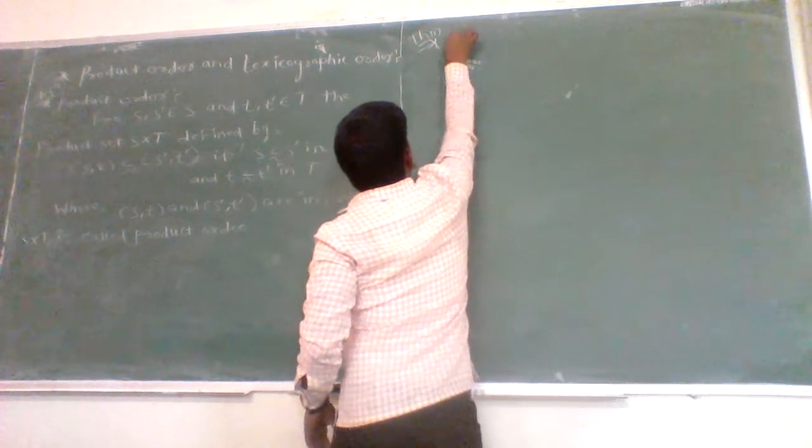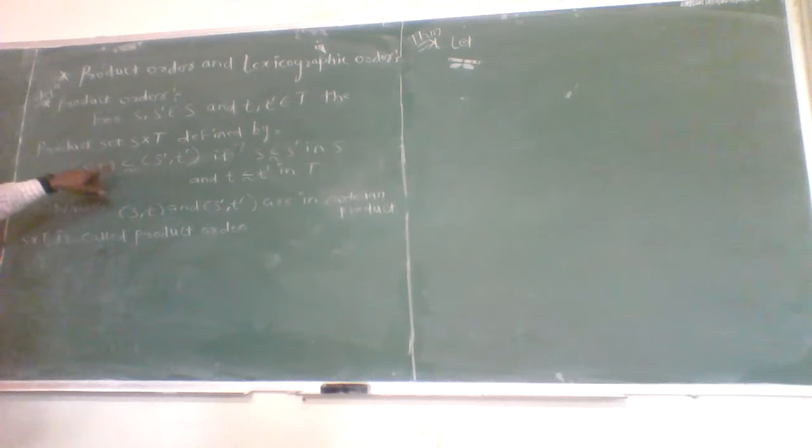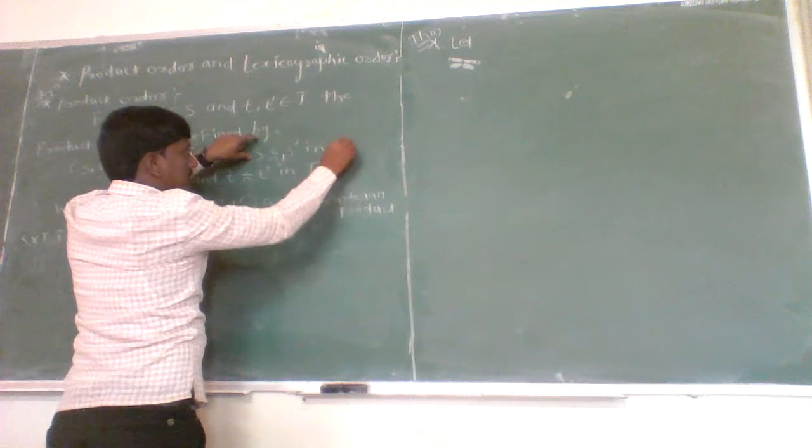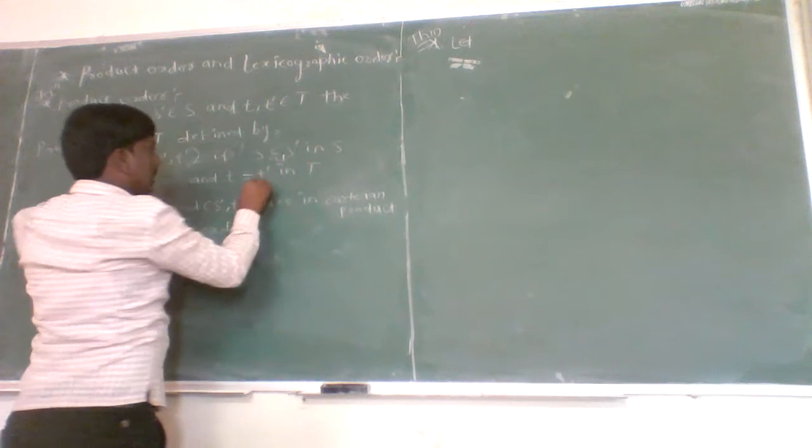Let us take one theorem depending on the definition. Sorry, this is the relation defined on the Cartesian product S cross T. Therefore, on S there is one relation and on T there is another relation.